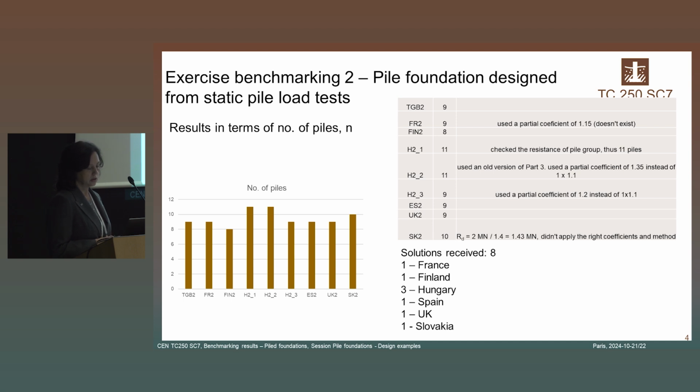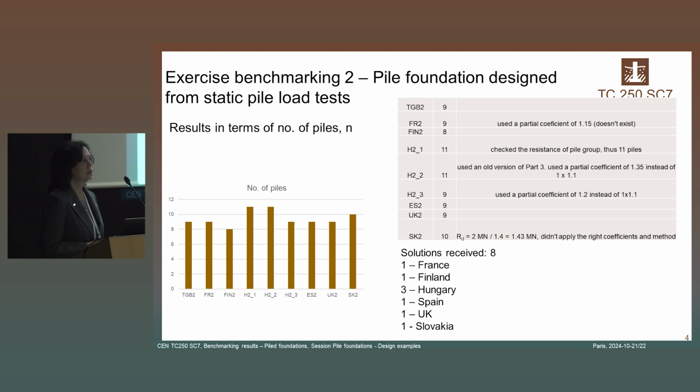The second solution coming from Hungary, they used an old version, a previous draft of part 3, and they used a partial coefficient of 1.35 instead of 1.1 multiplied by 1, the model factor for static pile load test.